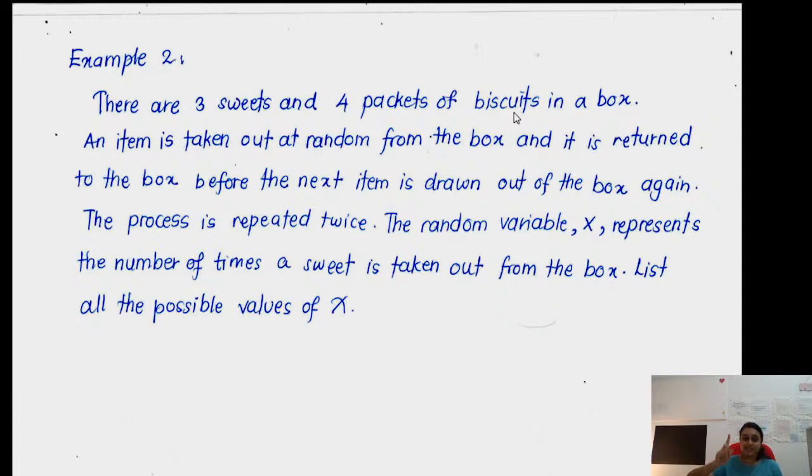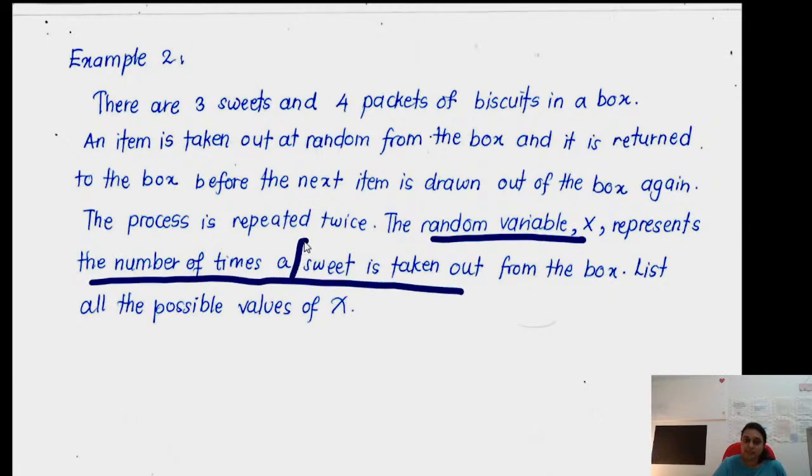The process is repeated twice. So they do this 2 times. The random variable x represents the number of times a sweet is taken out from the box. List all the possible values of x.